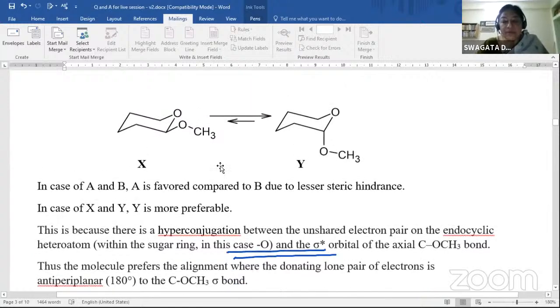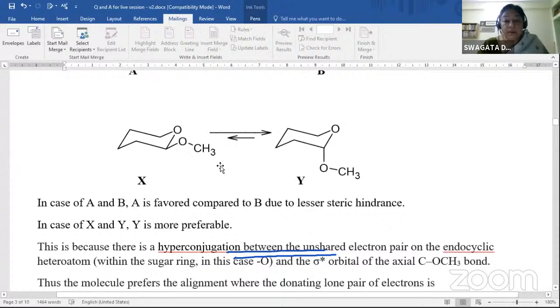Those of you who have studied some basic organic chemistry would know about hyperconjugation, where there is a connection between the unshared electron pair on the endocyclic heteroatom. What does that mean? Endocyclic means it is part of the cycle, the ring that we have here, and in this case, the oxygen, and the sigma star orbital of the axial C-OCH3 bond.